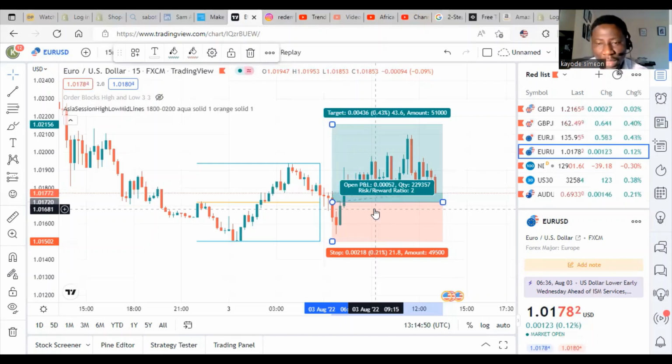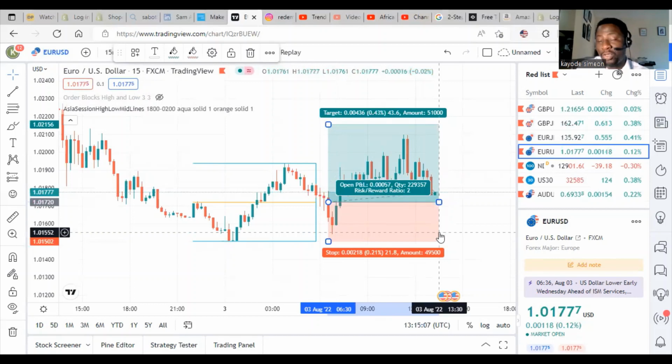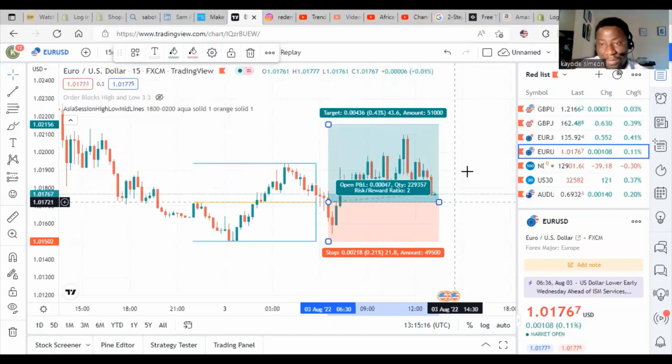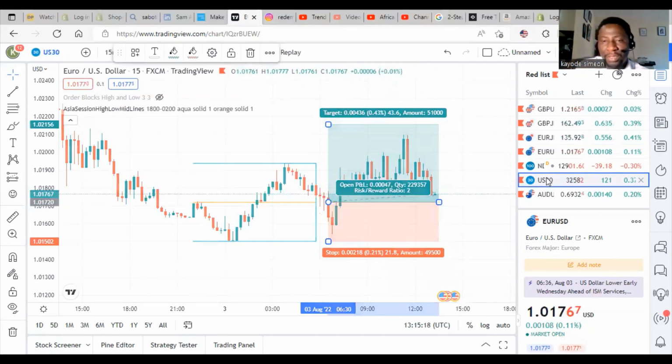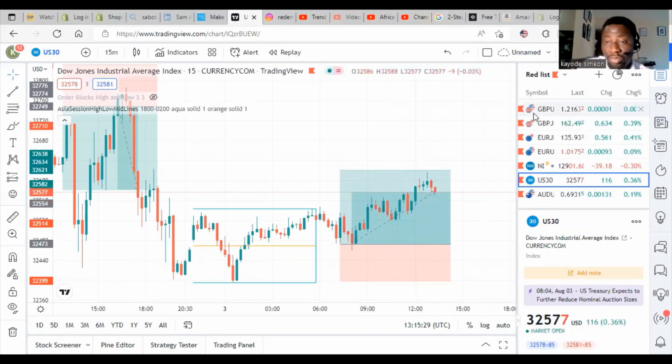But that's my advice. However, I leave it sometimes. When I take a trade, especially on this strategy, I just hope for the best. Because as far as I'm concerned, my stop loss is what decides. If my stop loss is hit, then I believe the trade has decided to go another direction. So sometimes I leave it. But for the US 30, I might bring my trade to break even, because I'm just experimenting on this one. So these are the 2 trades I took.